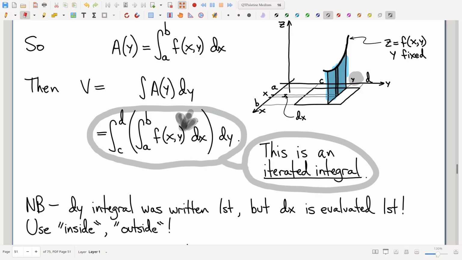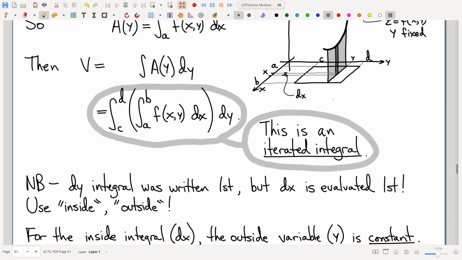Okay. The other thing I want to mention before we go on, this is just a terminology thing, but it's tempting to call these integrals the first and the second. The problem is that as we develop this, the first integral that we write down is the integral in the y direction, where we argue area times thickness gives you volume and all of that. Arguably then the dy is first, and then of course the dx integral is second, to compute the integrand of the first integral. But here's the problem.